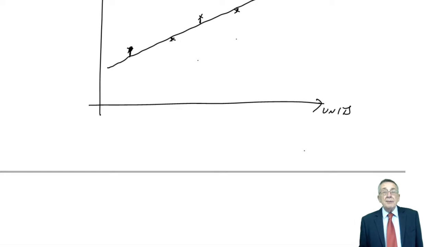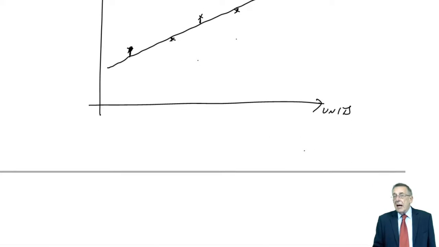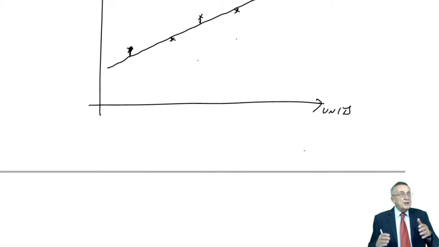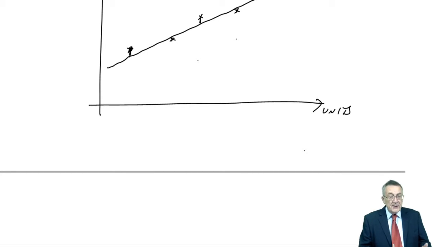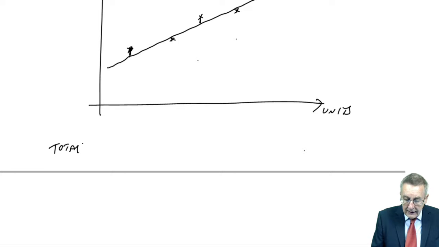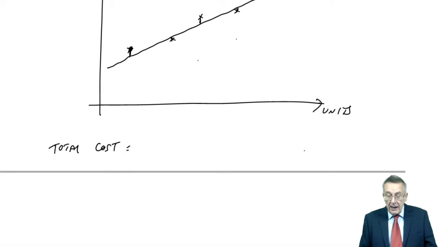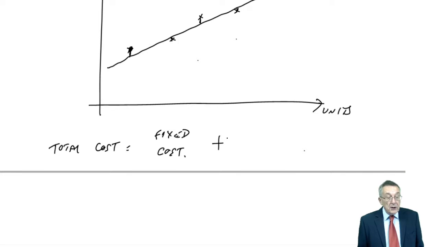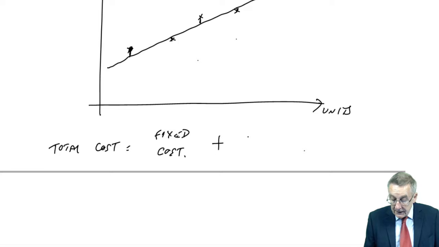But again, if you remember from when we did high-low analysis, I said that once we've got the value for the fixed and the variable costs, we could then use it for forecasting the total cost. I wrote up an equation last time, but the total cost is always equal to the fixed costs plus the variable cost times the number of units.